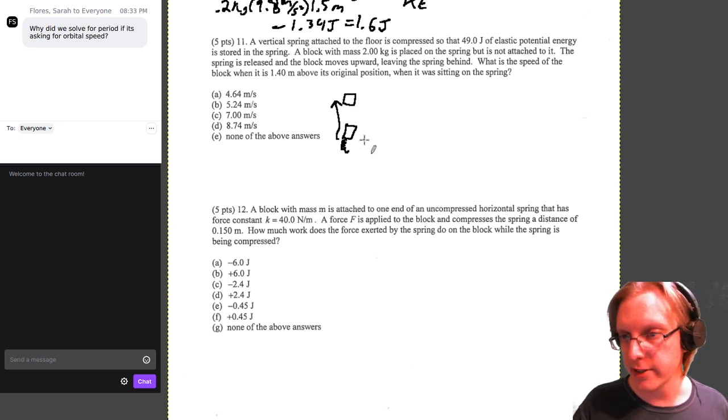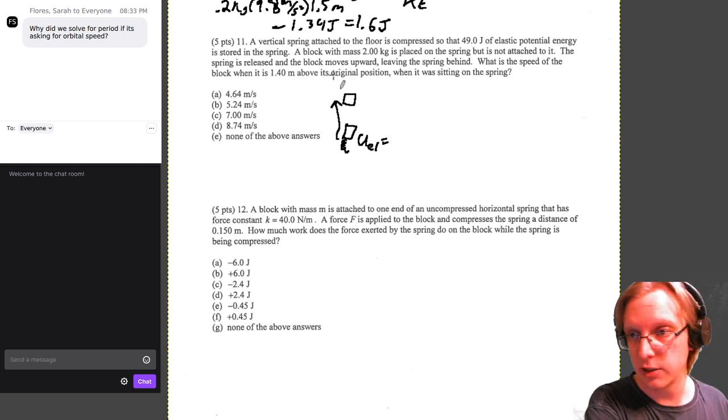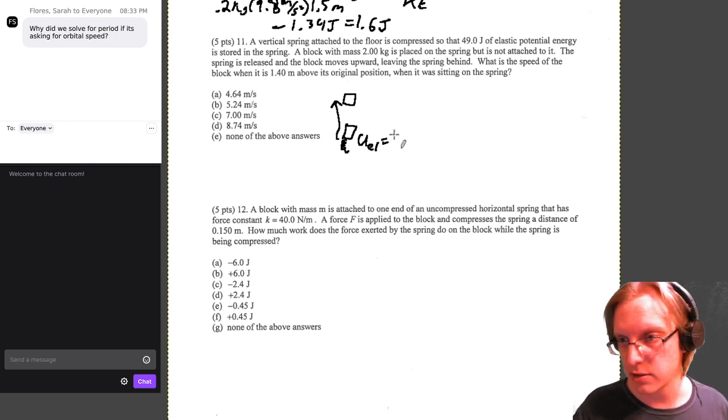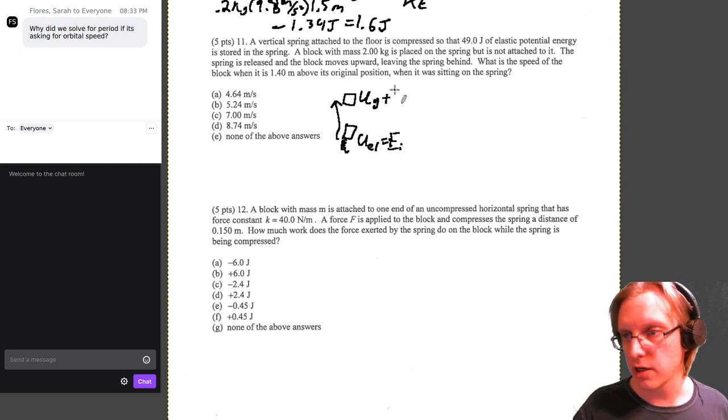So down here we initially have the given elastic energy for our energy initial, and then up here we have the potential of gravity plus our kinetic energy for our energy final.